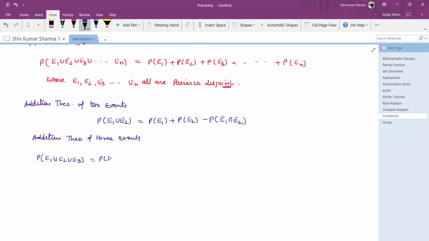This is equal to probability of event E1 plus probability of event E2 plus probability of event E3 minus probability of event E1 intersection E2 minus probability of event E1 intersection E3 minus probability of event E2 intersection E3 plus probability of E1 intersection E2 intersection E3. So this is the addition theorem for three events.